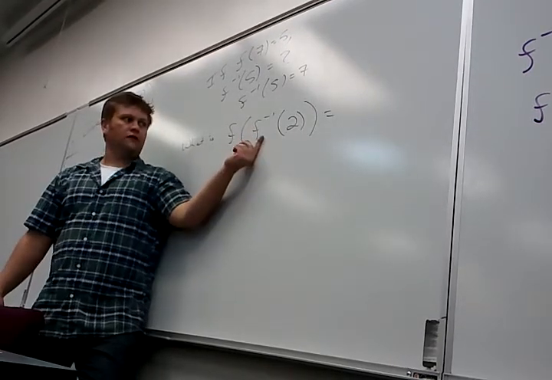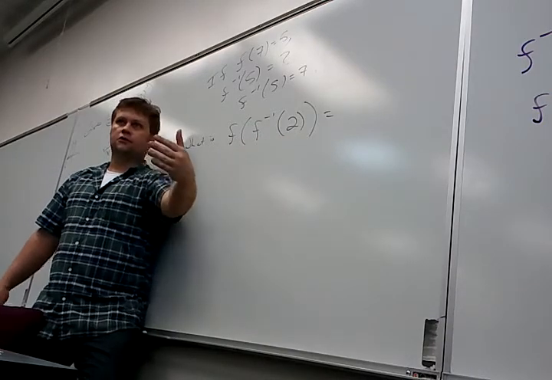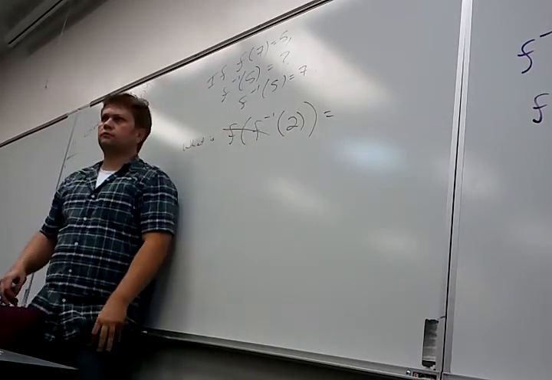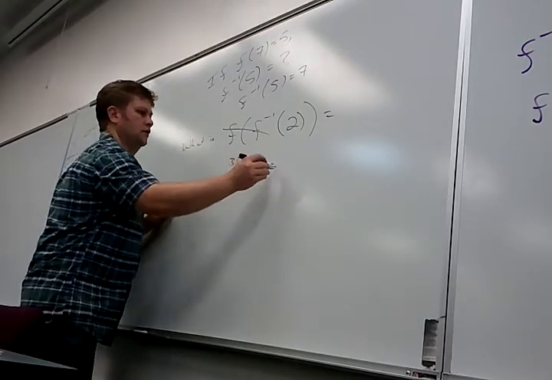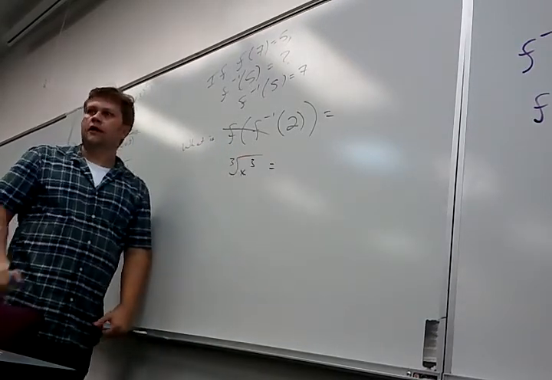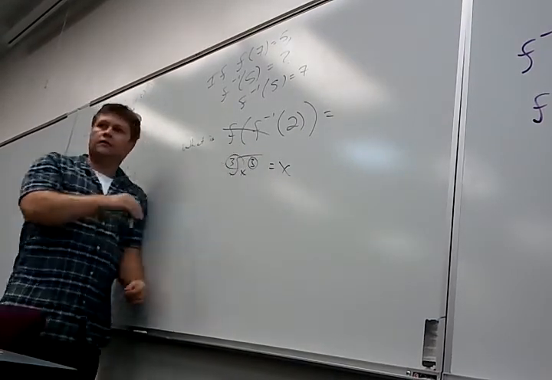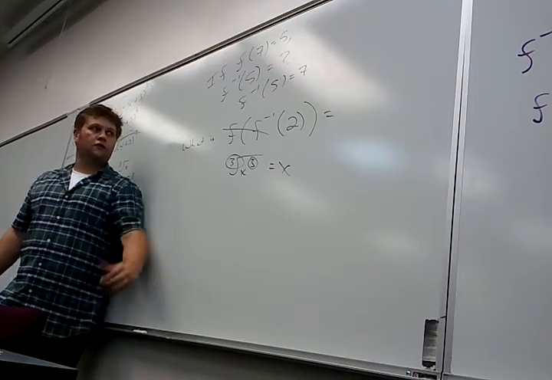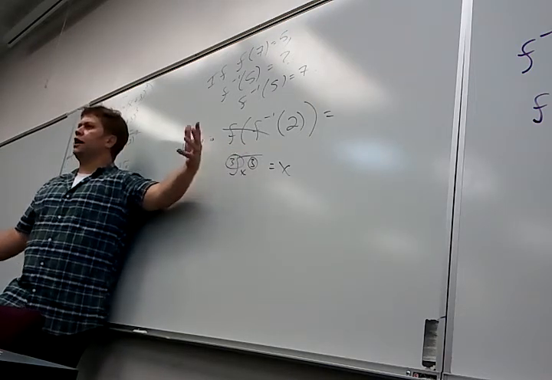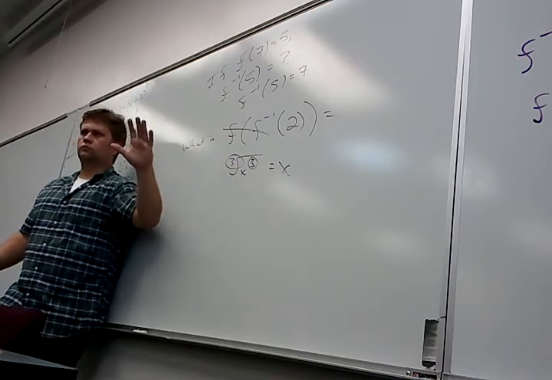So if f inverse takes 2 and makes it 7, f is going to take that and make it back to 2. So these do cancel. It's just like cube root of x cubed is x. Because this is the f function, this is the f inverse function. They kill each other. I love it. So if you see that kind of thing, don't make too much out of it. It's a quick problem. Cool.